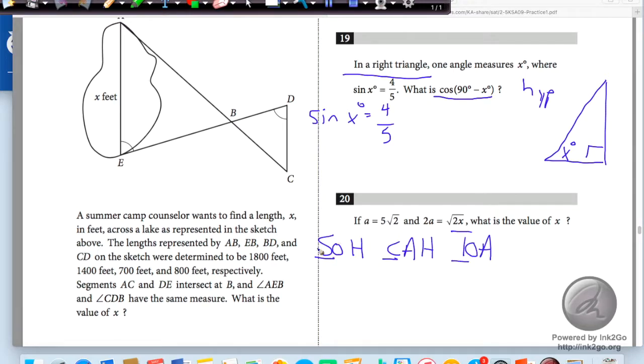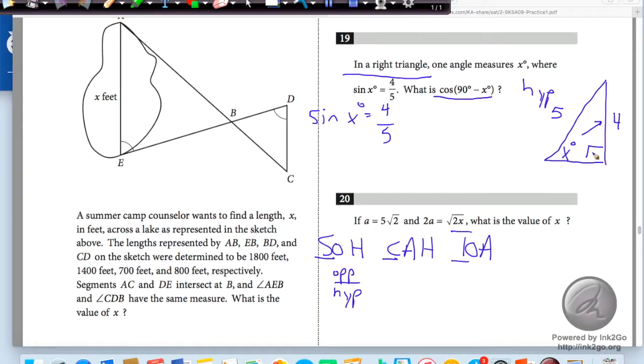So if I have sine, I need to know the opposite over the hypotenuse. If this is referring to the sine of angle x, then this is going to be my opposite, the opposite of that specific angle. Then this, being my hypotenuse, is going to be 5, right? So sine is 4 over 5, opposite over hypotenuse for sine.